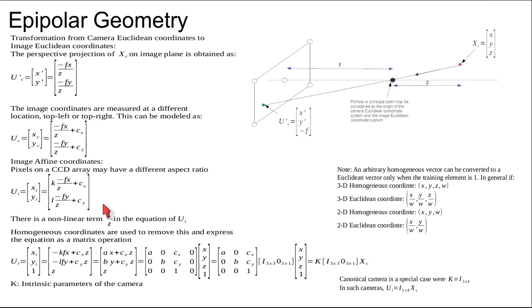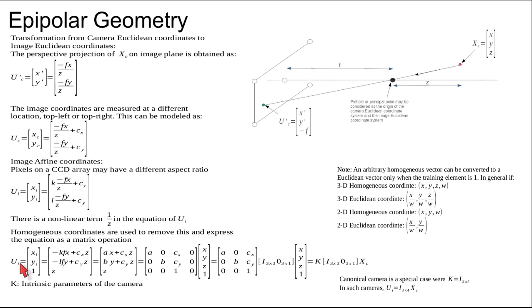There is a nonlinear term 1 by z in the equation of the image affine coordinates. Let's see, here we have minus f x divided by z, and here we have minus f y divided by z. Therefore, this cannot be easily expressed in matrix terms. In order to express this in matrix terms, we use homogeneous coordinates.